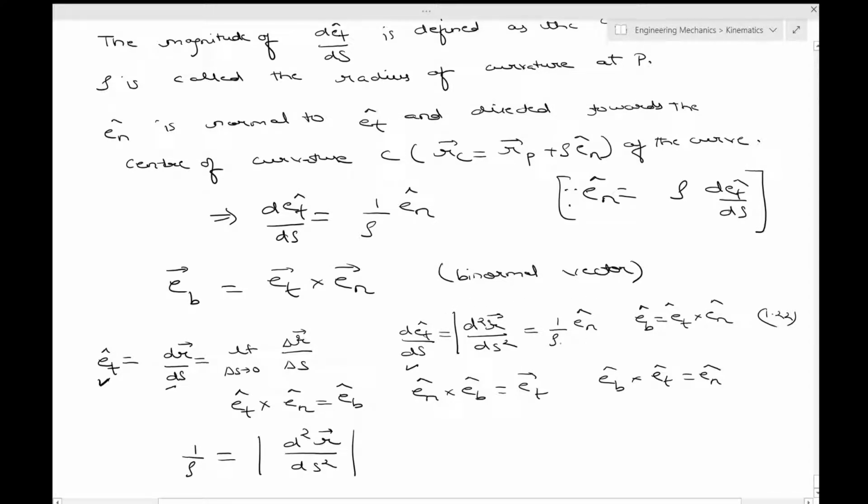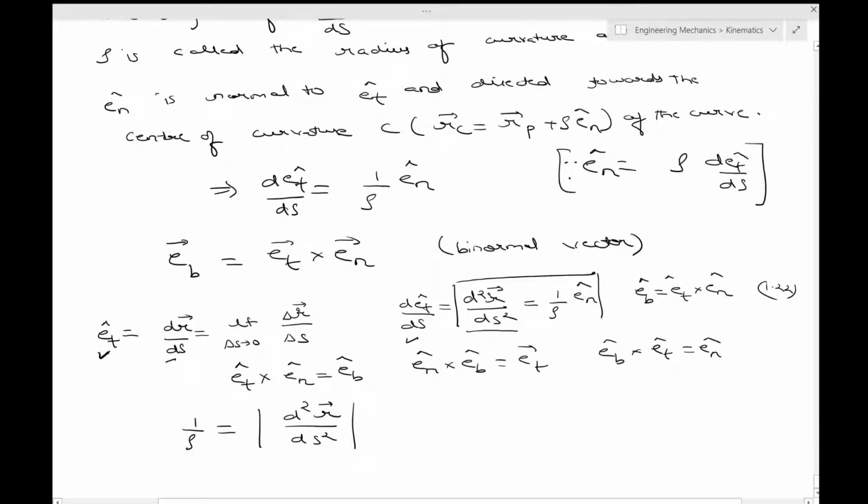If you remove the direction part of it, you will say that the magnitude of this is equal to 1 by rho. And how can this be written?